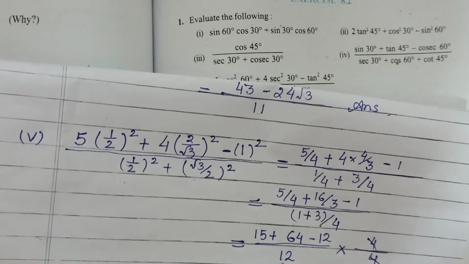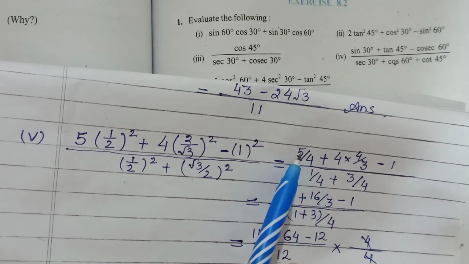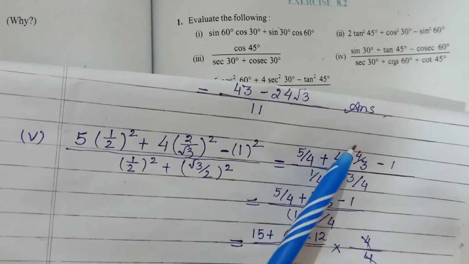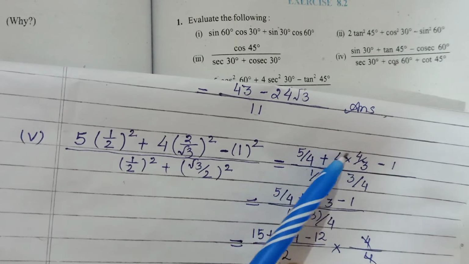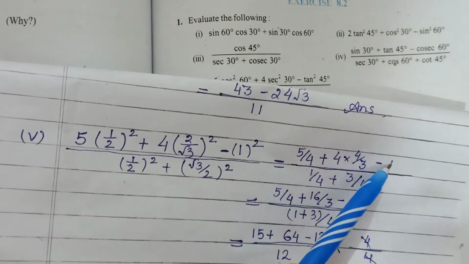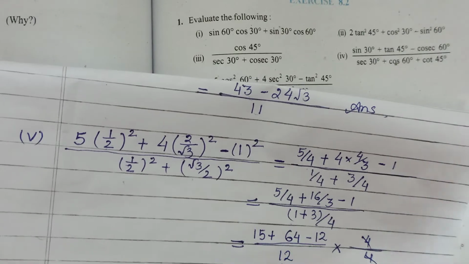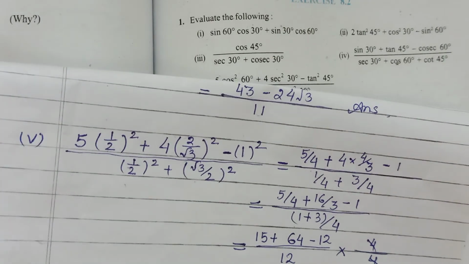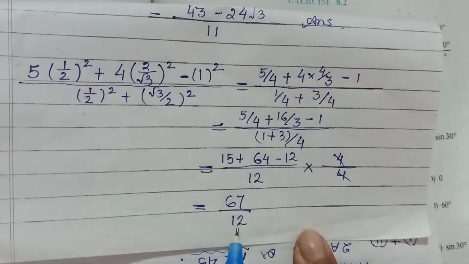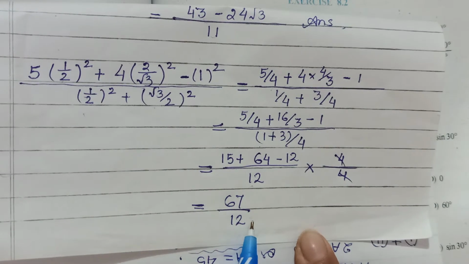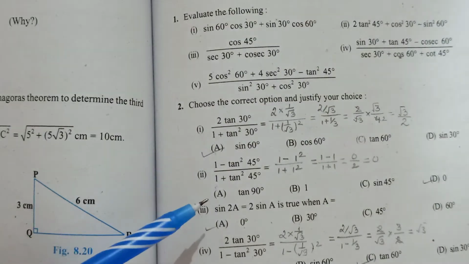LCM will be 12. This will increase 3 times, 3 5s are 15. This was already 4 4s are 16, and another 4 times increase becomes 64. And this increases 12 times. You can check by plus minus. That's your answer, 67 upon 12. Right, that was your question number 1.